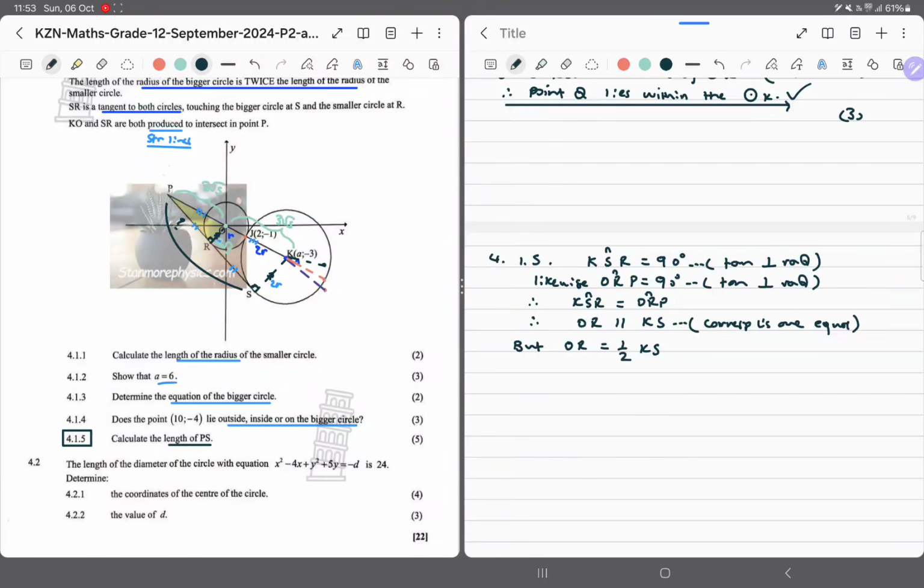That was given. Or we can say KS is 2 times OR. Maybe let's put it that way. The way it was given, we can say KS is equal to 2 times OR. That was given, guys. That statement there is what was given.